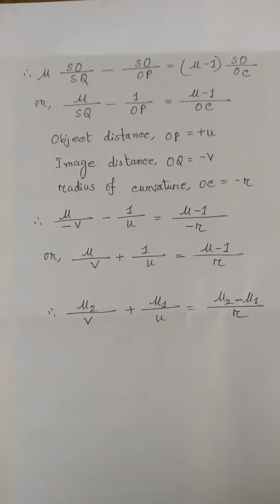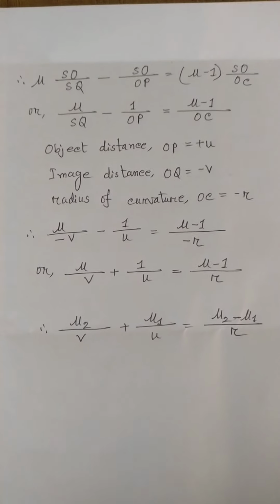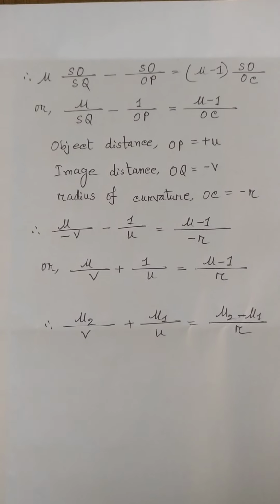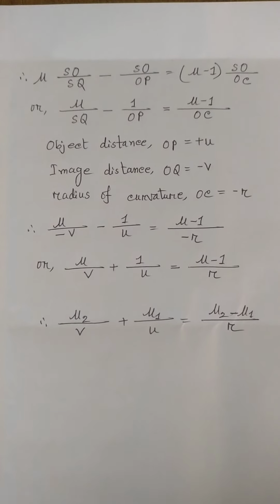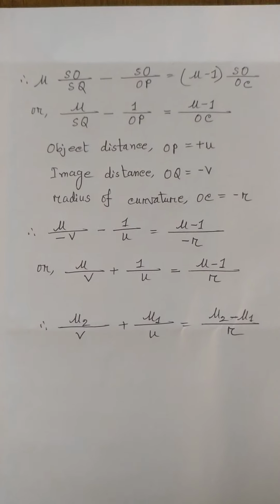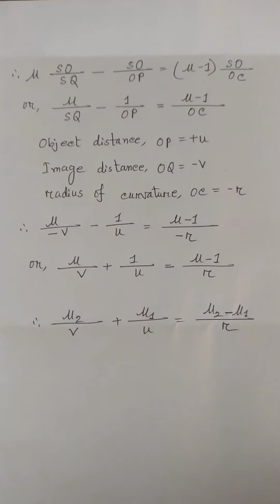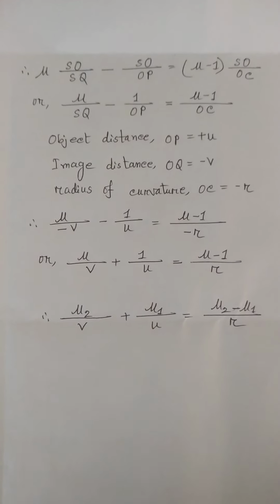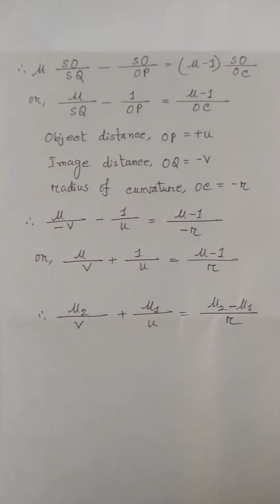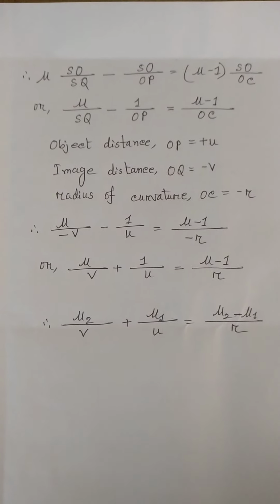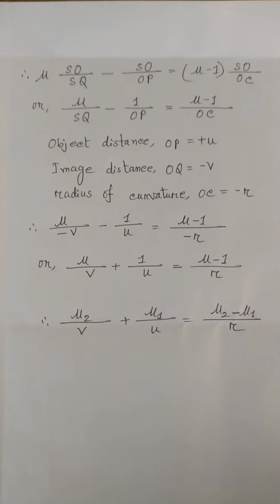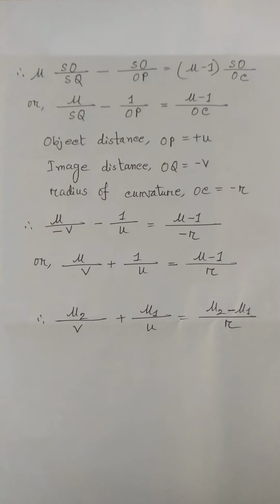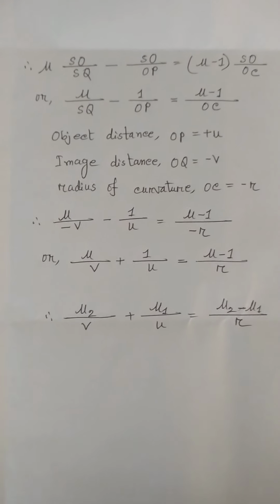If the angles are expressed in radians, we get mu into SO divided by SQ minus SO divided by OP equals mu minus 1 into SO divided by OC.